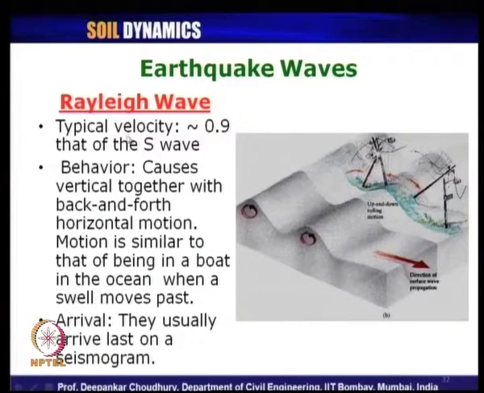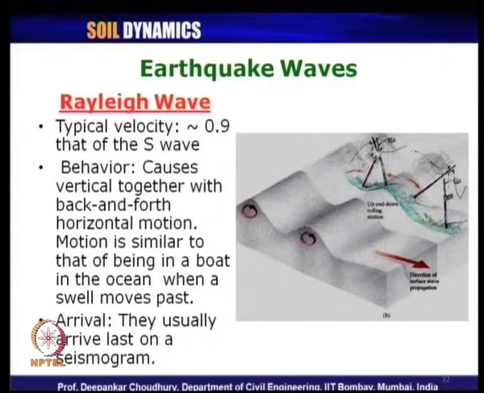Coming to the sub classification of surface waves, what we have seen: Rayleigh wave, their typical velocity is about 0.9 times that of shear wave, that we have seen through the expressions of relation between Rayleigh wave and shear wave, which is a function of only the Poisson's ratio.